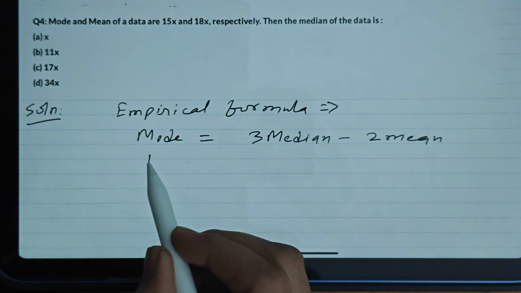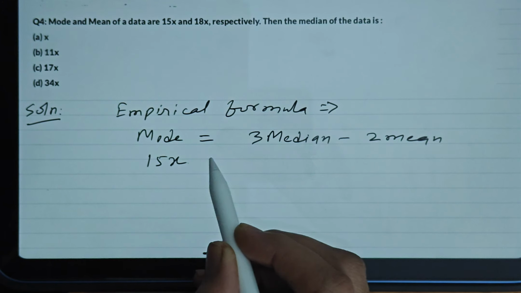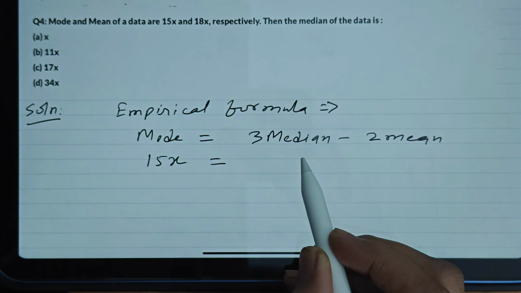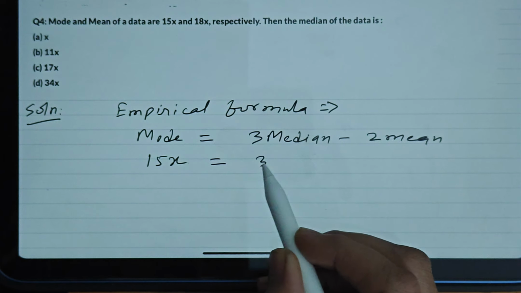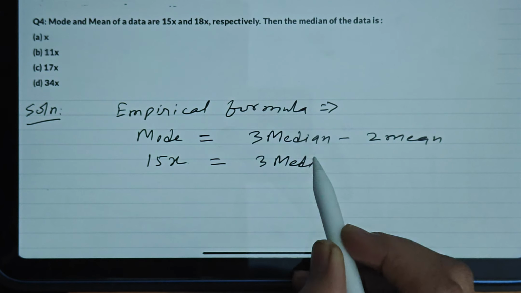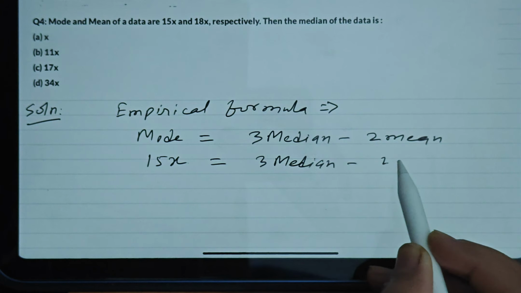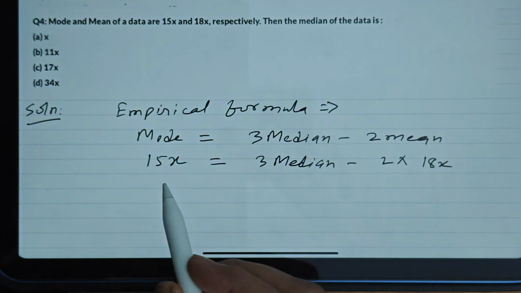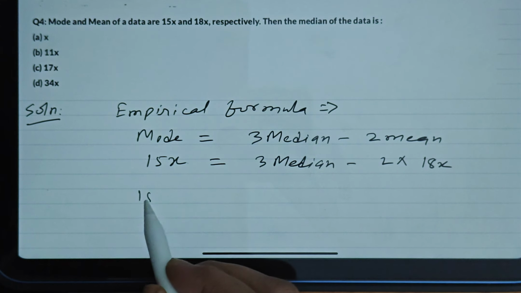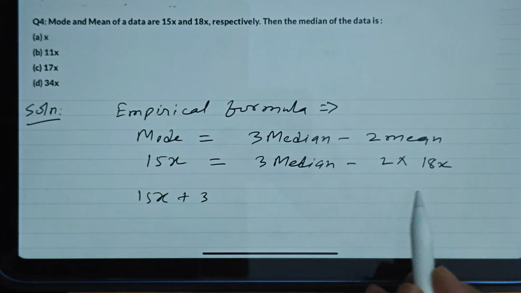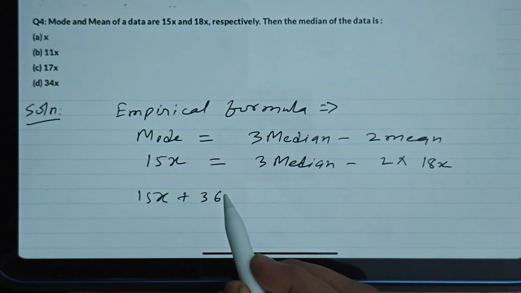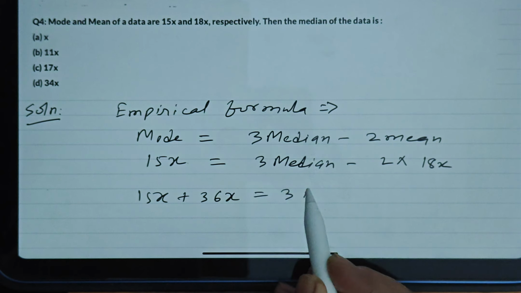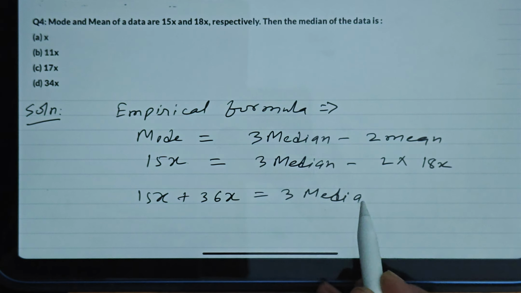So mode is 15x and mean is, median you have to find out. Median, 2 into mean is 18x. So what you will get? 15x plus 6x... 15x plus 36x equal to 3 median.